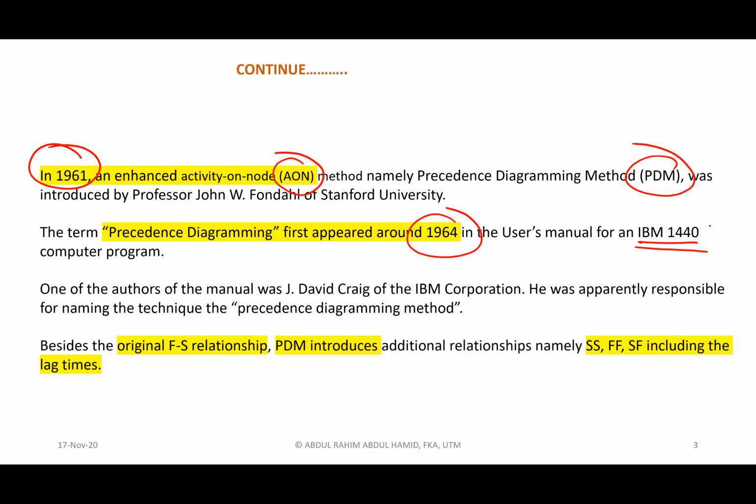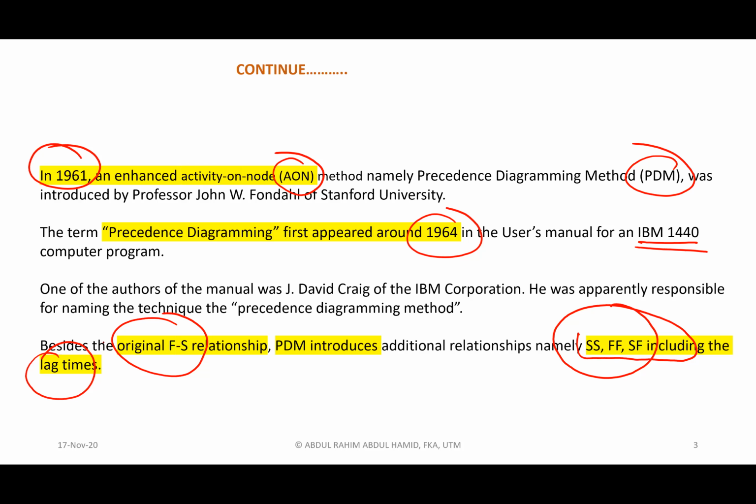The special thing about PDM is that instead of using only the original finish to start relationship, it introduced extra relationships plus the lag, which could be positive or negative. So this is what makes the PDM diagram special compared to just AON diagram.